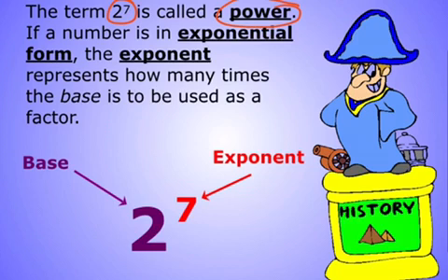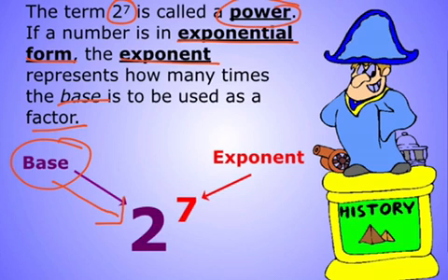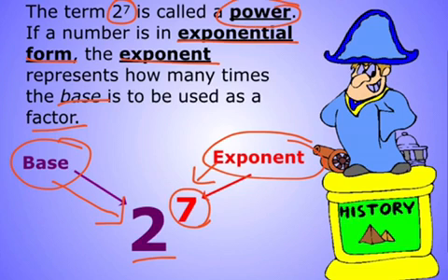If a number is in exponential form, the exponent represents how many times the base is used as a factor. So in the expression 2 to the 7th, the base is the 2 and the exponent is the 7, saying that 2 will be used as a factor 7 times.